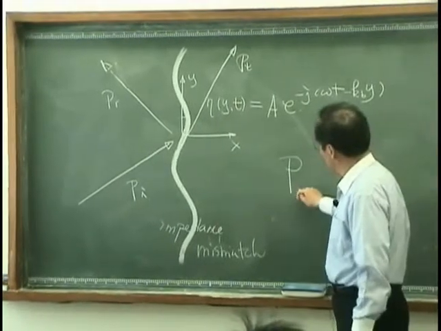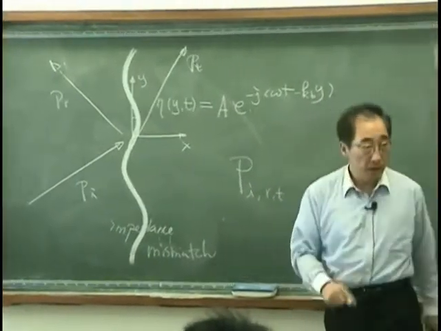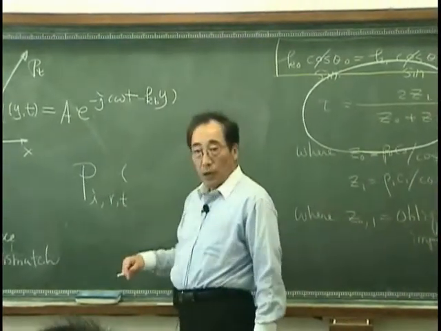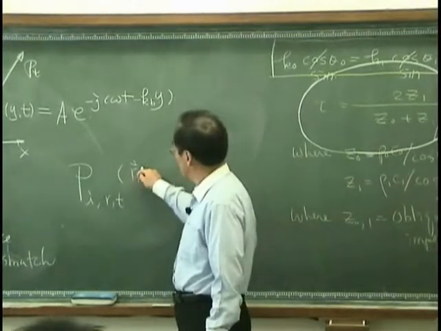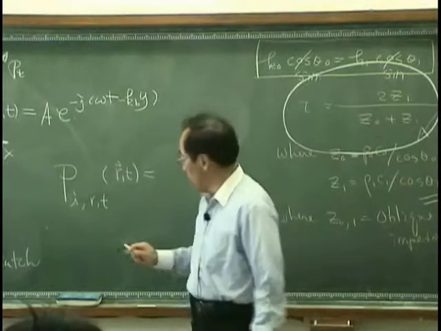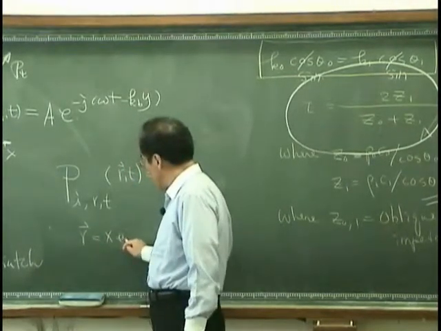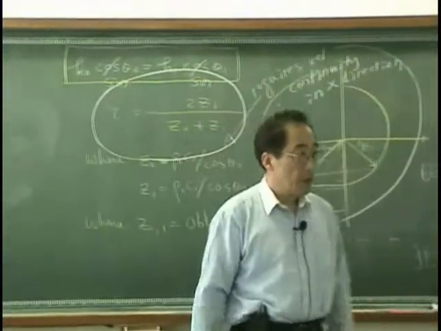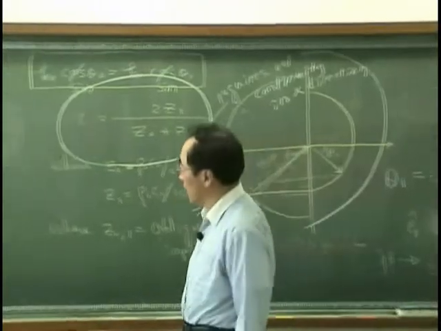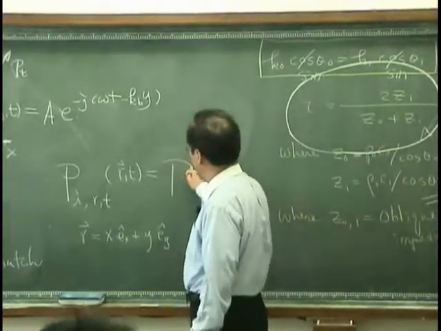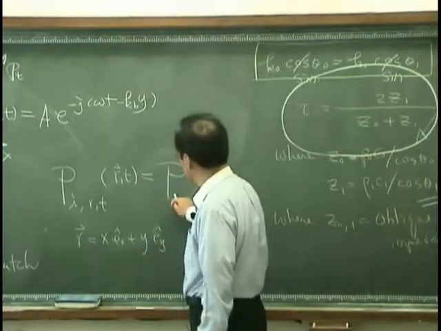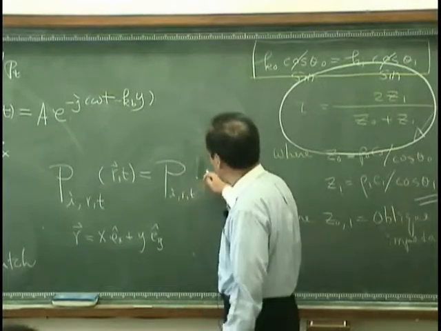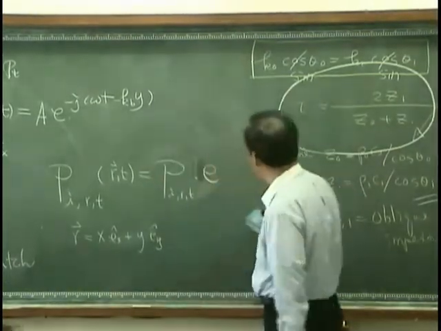Let us then write PI, PR, PT at the same time. Okay. PI, PR, PT is of course a function of space and time, where R is a function of x and y. Then I can write that has complex magnitude, okay, and then it propagates with some wave number, right?